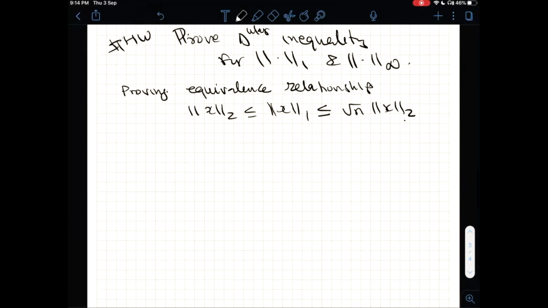See, these matrix inequalities, when you try to give these bounds, they themselves can be framed as optimization problems. So in particular, now I am trying to prove that the bound on the first norm of x is, on the lower side, identical to the second norm of x, and on the higher side it can grow up to square root of n times, where the vector is in Rn, the second norm of x.